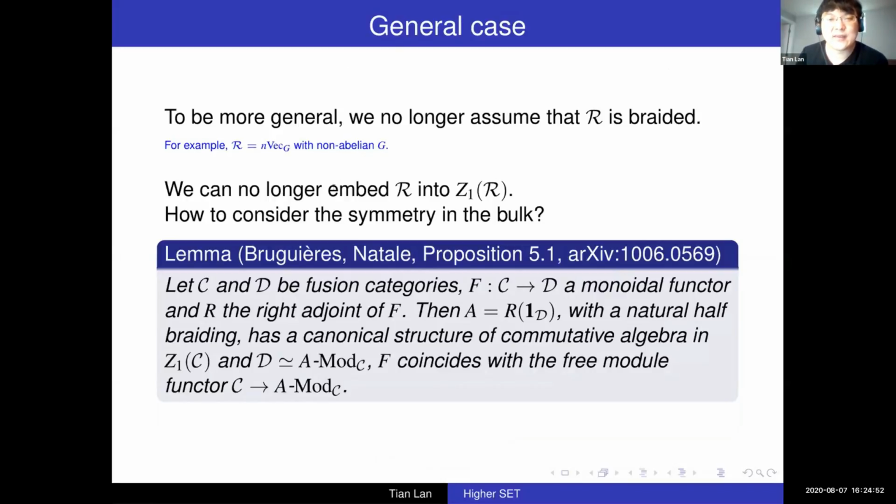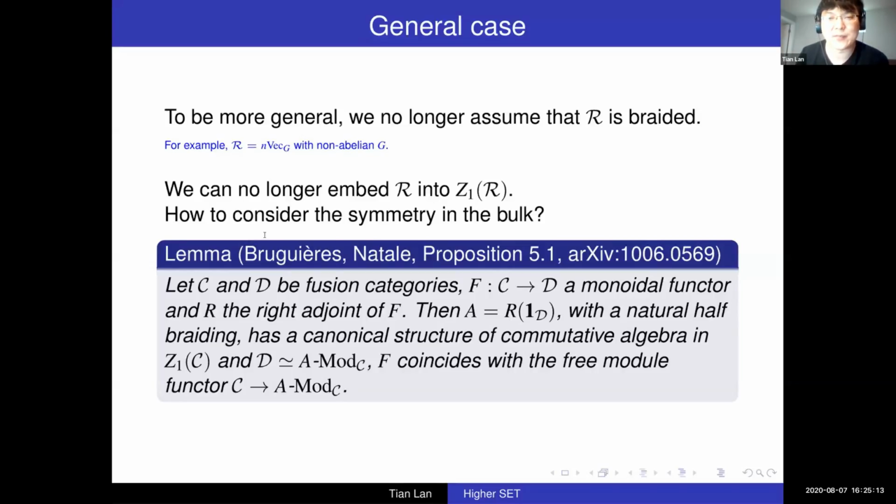In this case, we no longer have this embedding. And the question comes, how do we consider the symmetry in the bulk? The idea is basically that I can translate this monoidal functor into a commutative algebra in the center.